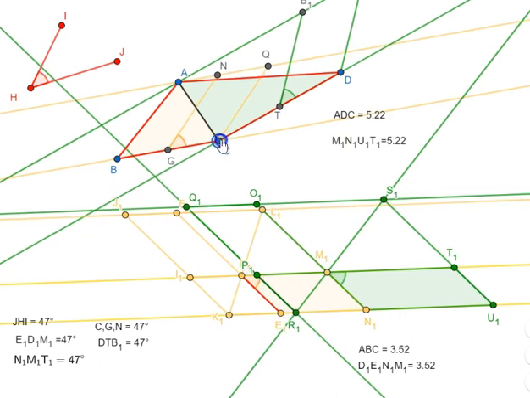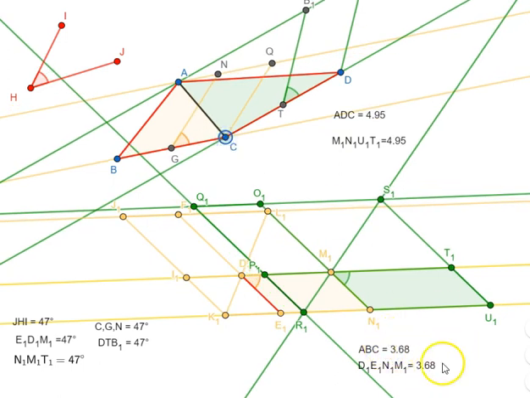Similarly, if I change this, these two areas remain same. So that is book 1, proposition 45. Again, let me remind you, there is a link to a PDF book which describes all these propositions that I have been discussing. That's it for now.